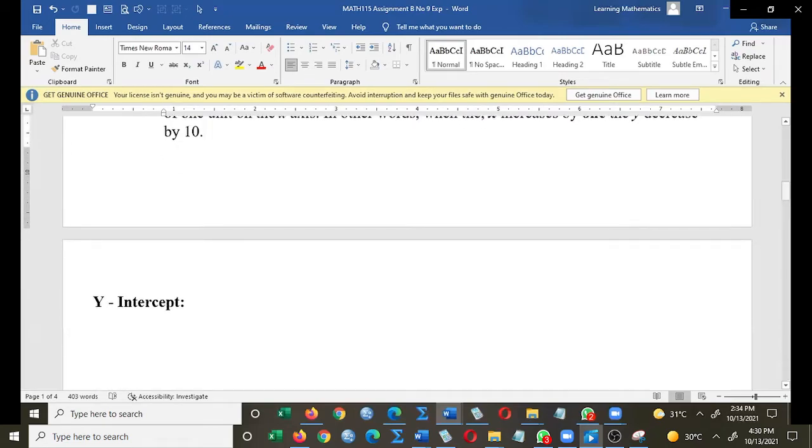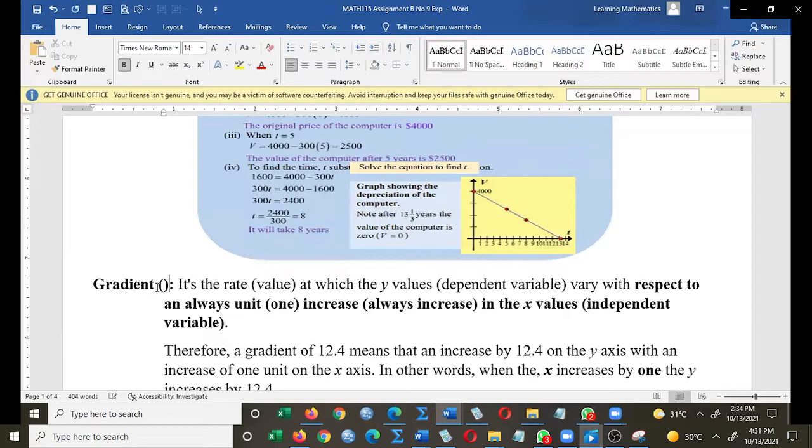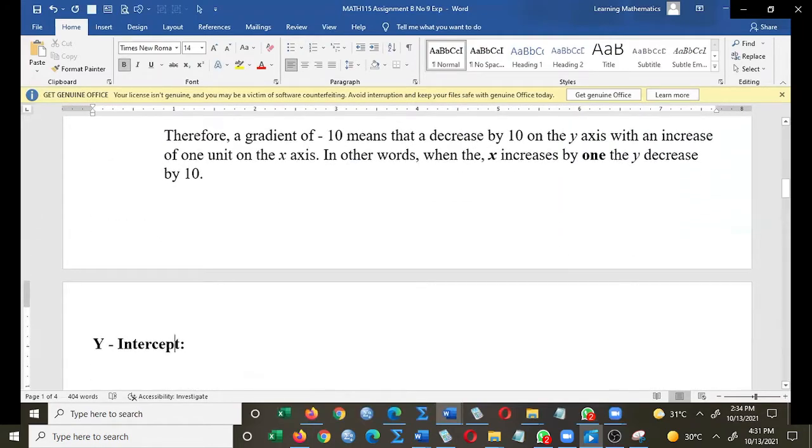Now let's talk about the y-intercept. The gradient is given the letter m. And the y-intercept is given the letter c. What can we say about the y-intercept?